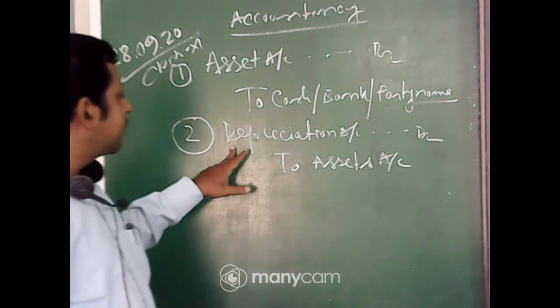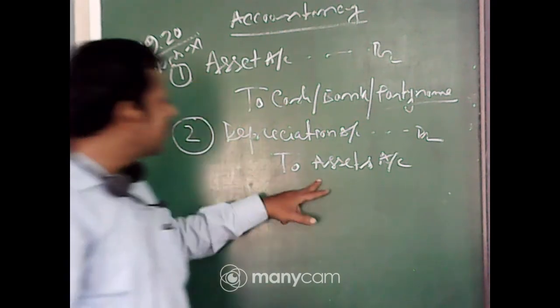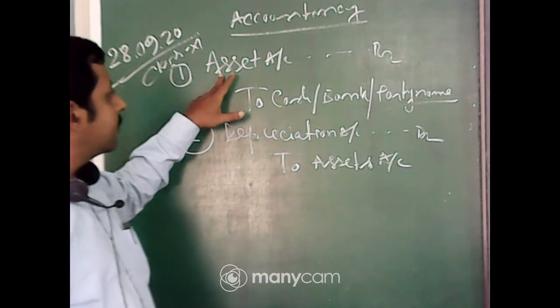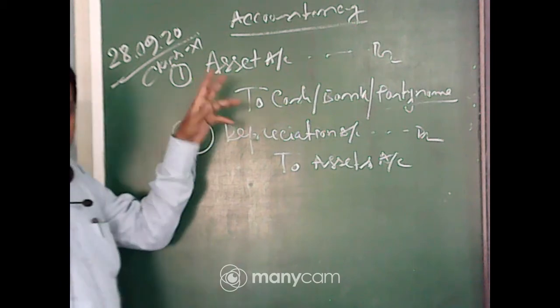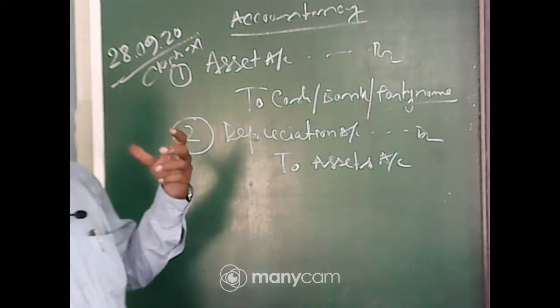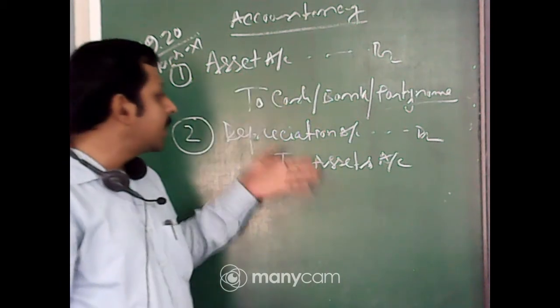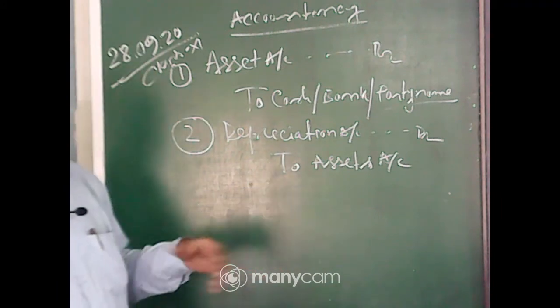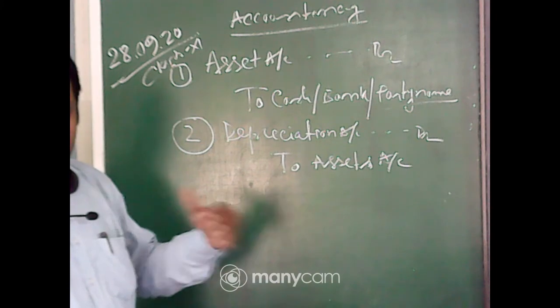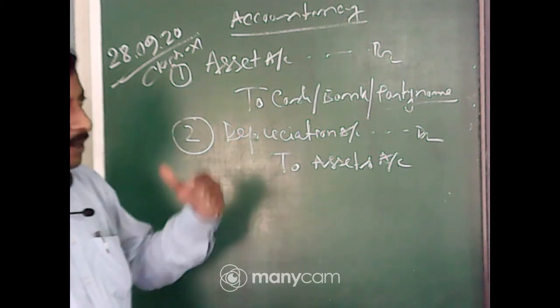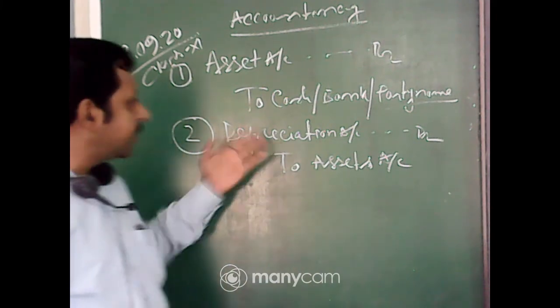So depreciation account debit to asset account. Here the asset is credited, which means asset is a real account. Whenever an asset comes into your business, you debit it, but in case of depreciation you are decreasing the value of the asset. We consider that the asset is going out, the asset value is decreasing day by day, and that is called depreciation.